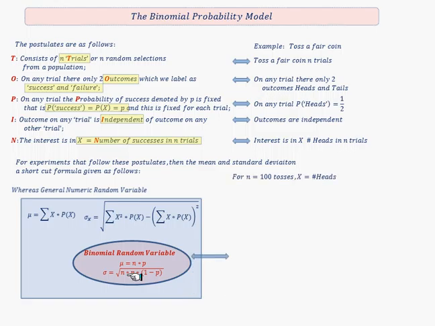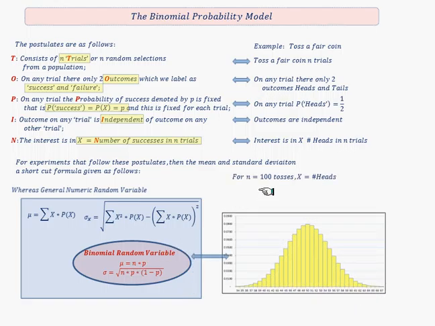I'm going to illustrate that with tossing a coin 100 times. The number of heads occurs on average 50 times, and the standard deviation is 5. That's illustrated here. The mean is 50. A standard deviation of 5 means that we'll get between 45 and 55 heads 68% of the time.